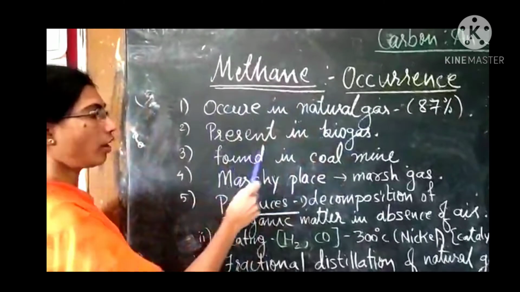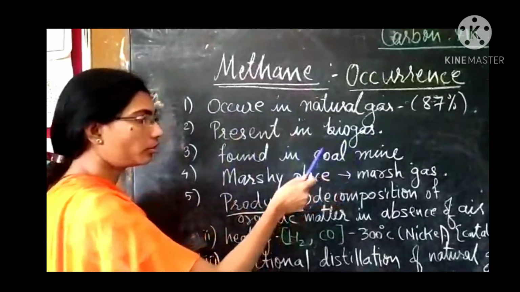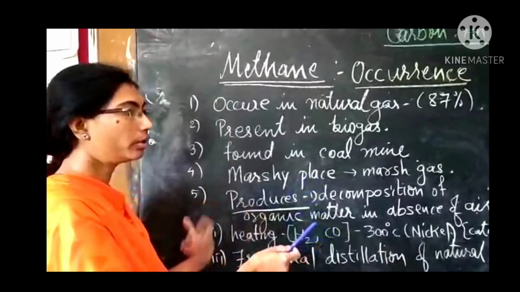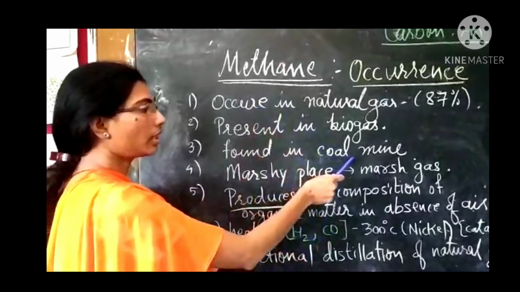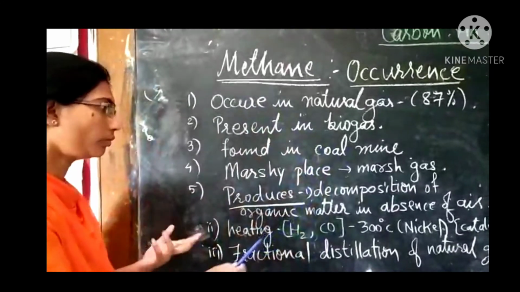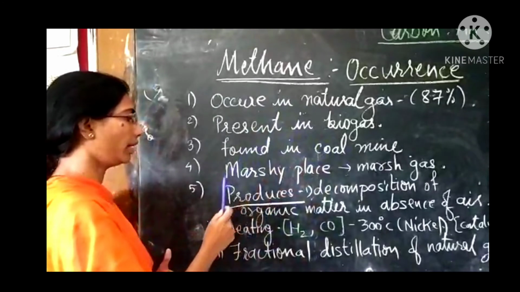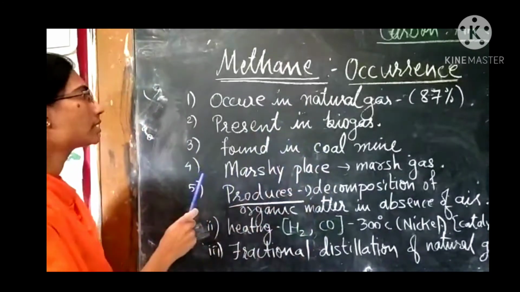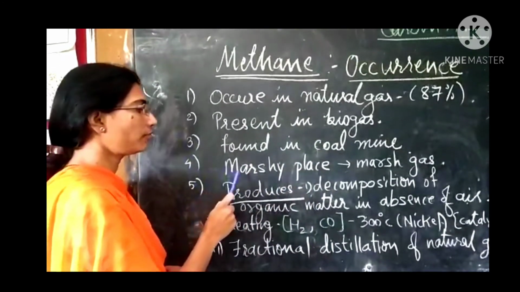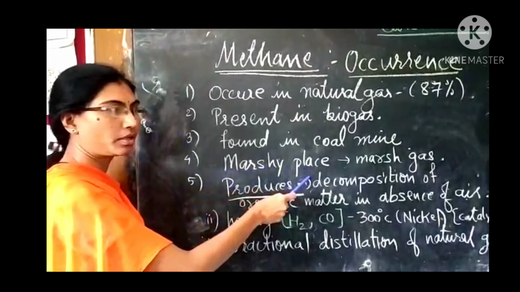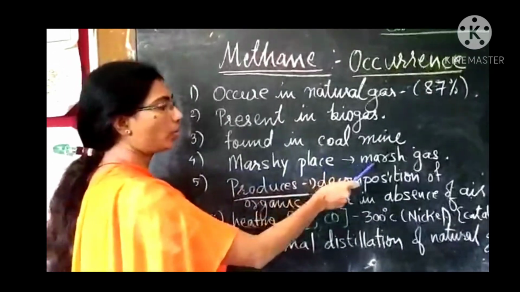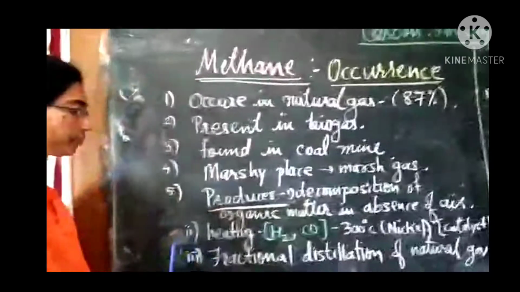It is also found in coal mines. Whenever we dig out coal, methane gas is released during that process. Methane gas is also mostly found in marshy places. That's why this gas is known as marsh gas.